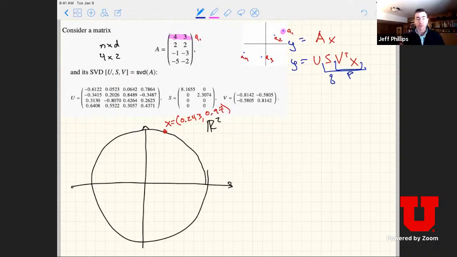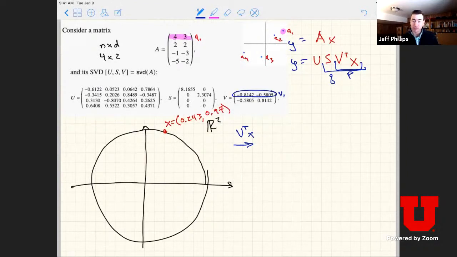OK, so the first step is to multiply. I'd like to figure out what happens when I do V transpose times X. What's a picture that shows what's going on here? The first step towards doing that is drawing the right singular vectors. So this guy is V1.